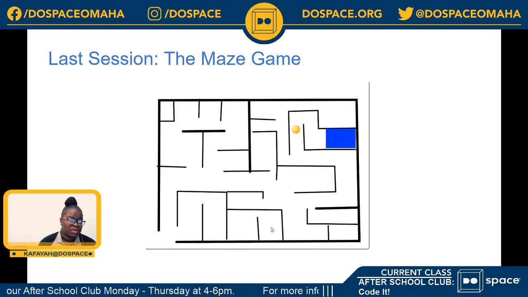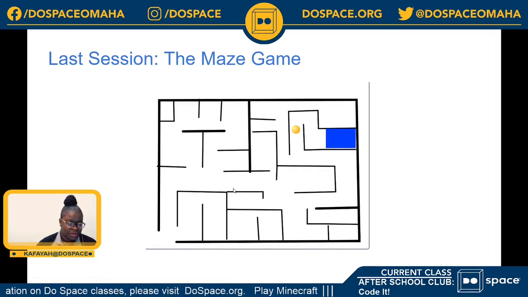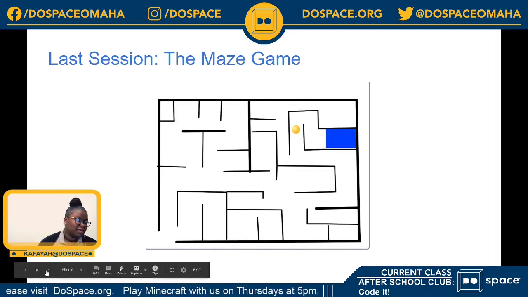And what we did was to make sure that the ball couldn't go over the lines. And once you get to the blue box, which was the finish, we would make the blue box disappear. So yeah, that was fun. It was like going through an actual maze, but instead of you being the one walking through the maze, it was the ball. Yeah, exciting.